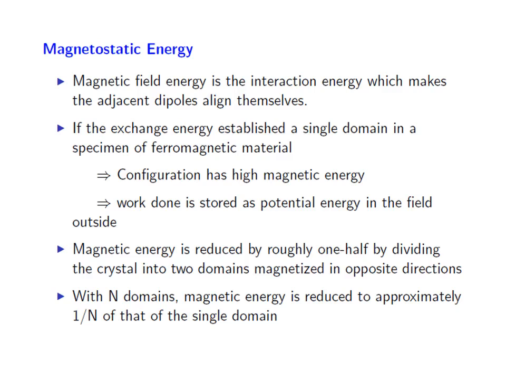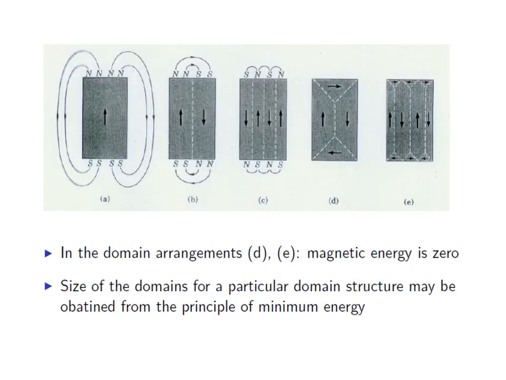If we divide the material into domains, then we can reduce the magnetic energy. Here you can see some examples of how we can divide a magnetic material into domains.